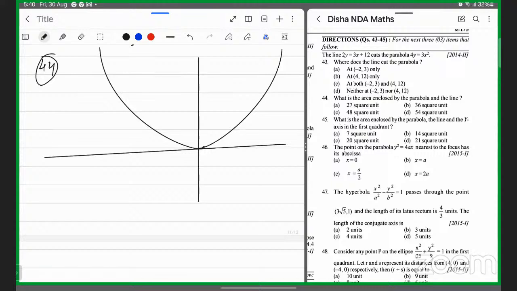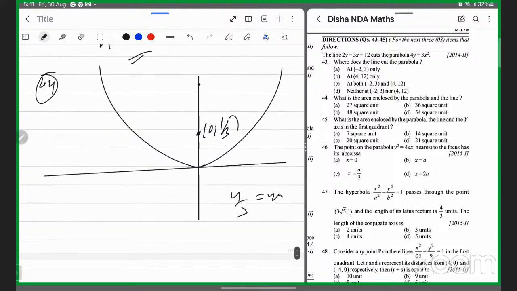And then what is the focus of this? What is the focus of the parabola? 4 by 3 is equal to 4a, so 1 by 3, the focus is 0 comma 1 by 3. And 2x equal to 3y plus 14. So the y intercept, when you put x equal to 0, is 6.